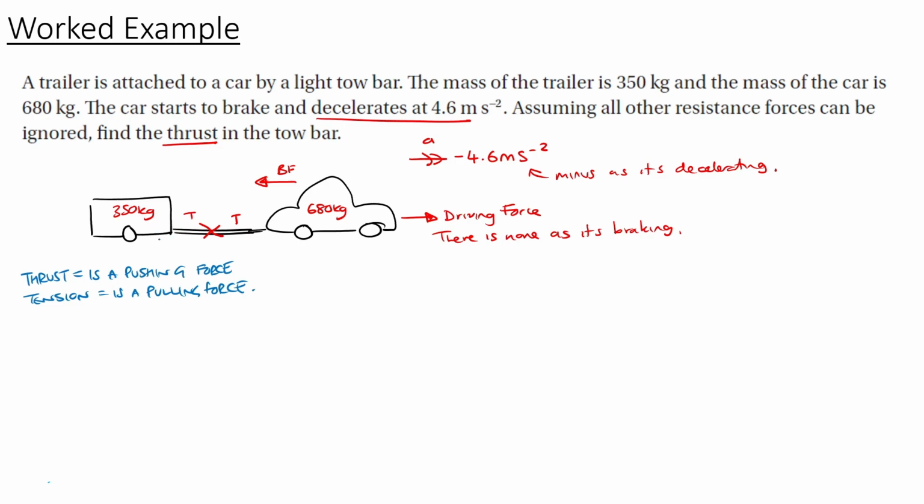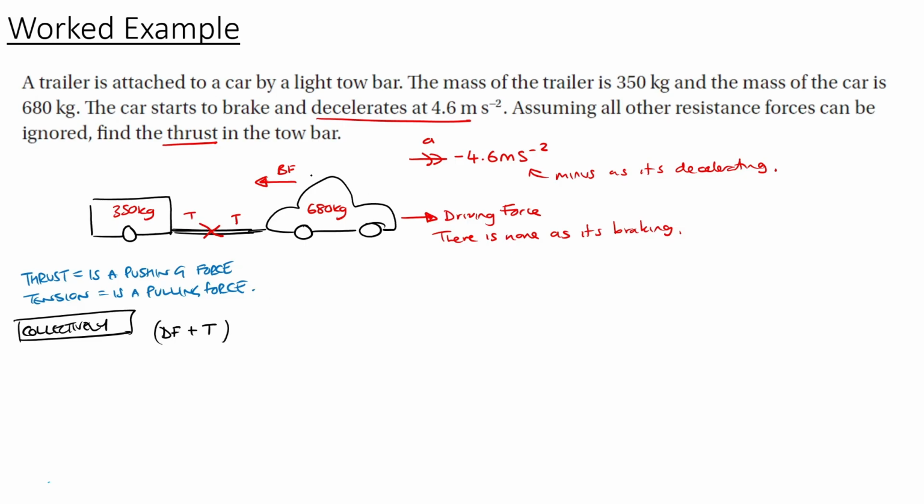Now, as we mentioned in the previous examples, we can either treat this as one scenario collectively, or we can treat it separately. Now, if we looked at it collectively, then we're going to end up with our driving force, even though there is none, which I'll discuss later, plus one of the T's, which is going in that direction.